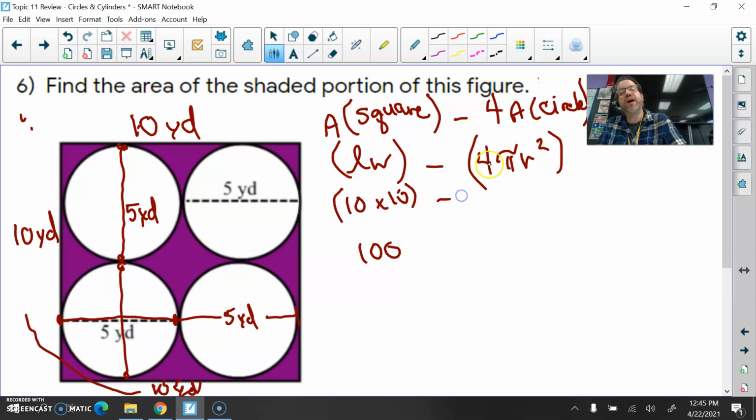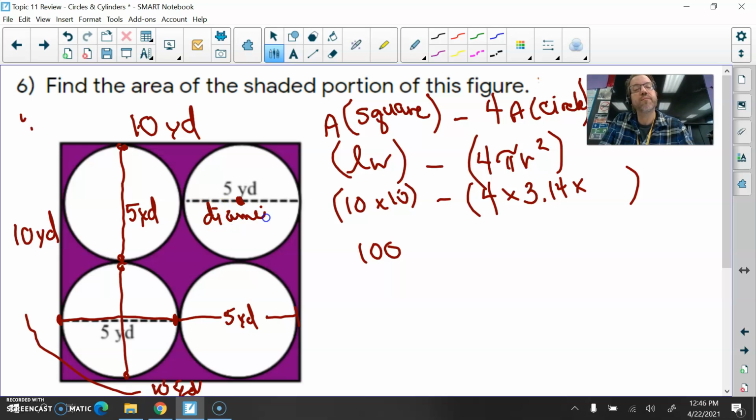Okay? Minus, now over here, I have 4 times pi, which is 3.14, times the radius squared. Do I know the radius of these circles? Well, this 5-yard measurement is the diameter, right? So if you want to know the radius, you'd have to take 5 yards and divide by 2, right?